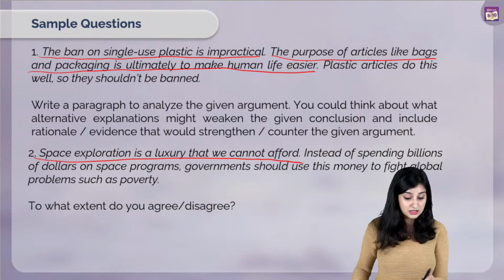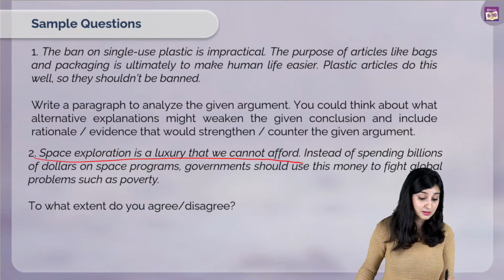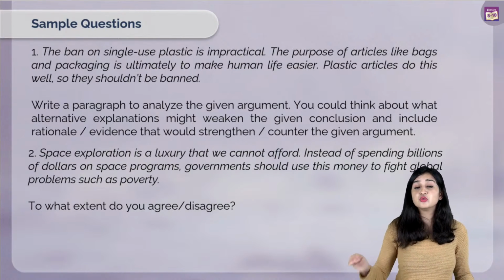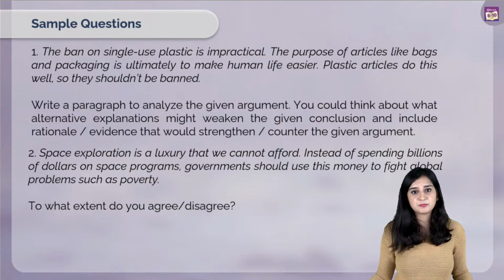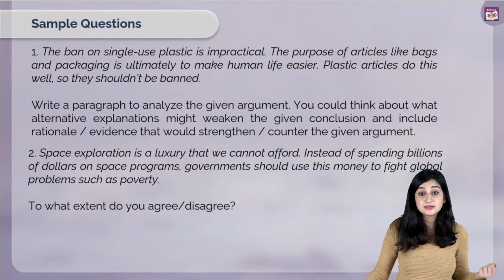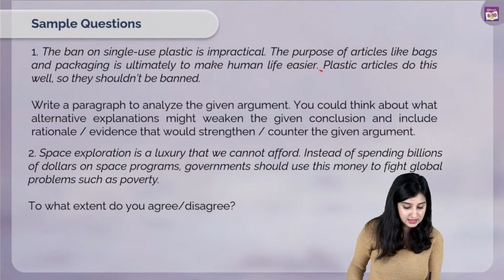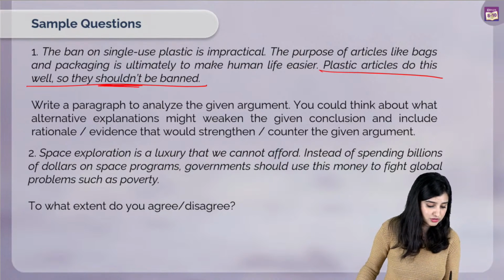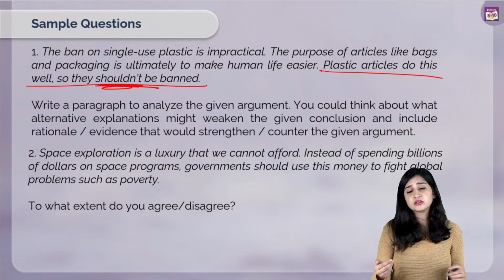But here we also have some very subjective statements. And what are subjective statements? These you can or cannot agree with. It's up to you. Depends on what your thinking is. Okay, so plastic articles do this well, so they shouldn't be banned. Here you can see there's the word shouldn't. So it's a suggestion that the author of this paragraph is making, that they shouldn't be banned, in my opinion.